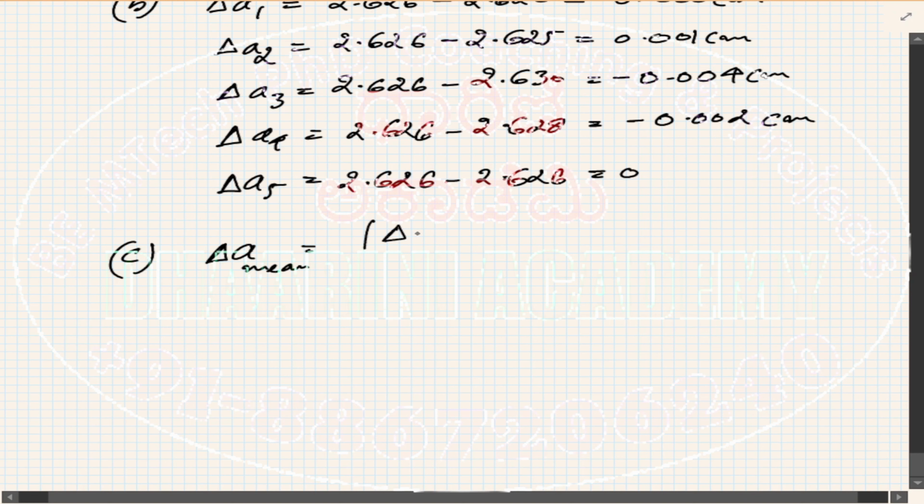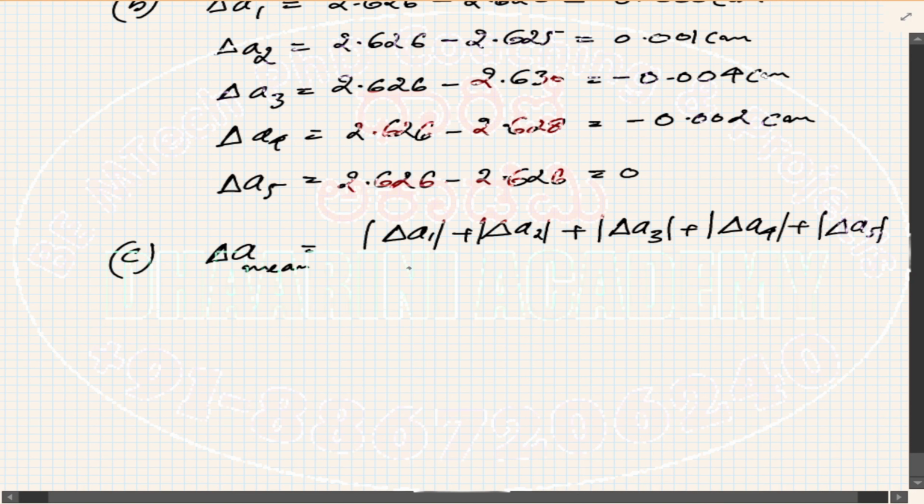So the magnitude of delta A1 plus the magnitude of delta A2 plus the magnitude of delta A3 plus delta A4 plus delta A5, whole divided by 5. You see that we neglect the sign here. Even if it is negative, you are going to write it as positive.